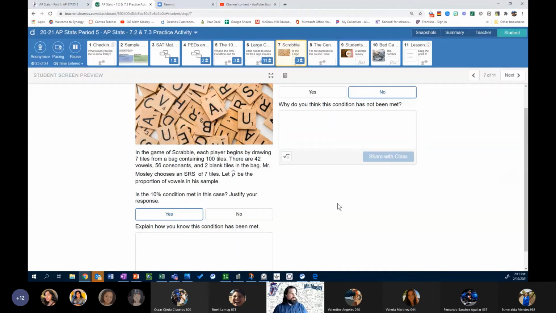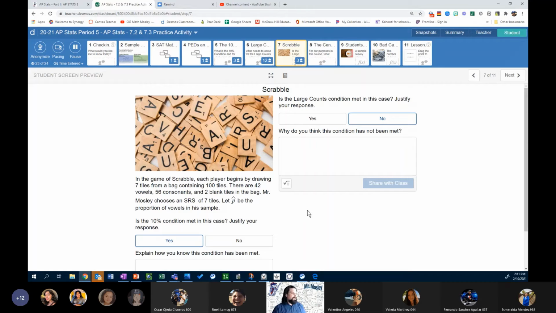The Scrabble problem here is applying these definitions. In our game of Scrabble, each player begins by drawing 7 tiles from a bag containing 100 tiles. 100 is our population, the size of the entire population. There are 42 vowels, so 0.42 of the population are vowels, 56 consonants, 0.56, and 2 blank tiles, 0.02.